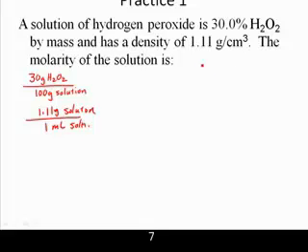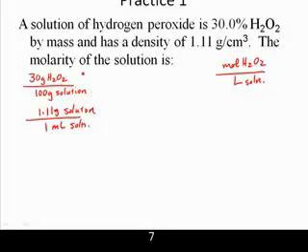What we want is molarity, so we want moles of H2O2 per liters of solution. Like we were doing before with molar mass, you want to treat the two pieces of the unit you want separately. So how can I get moles of H2O2? Here I can use the 30 grams of H2O2 per 100 grams of solution.